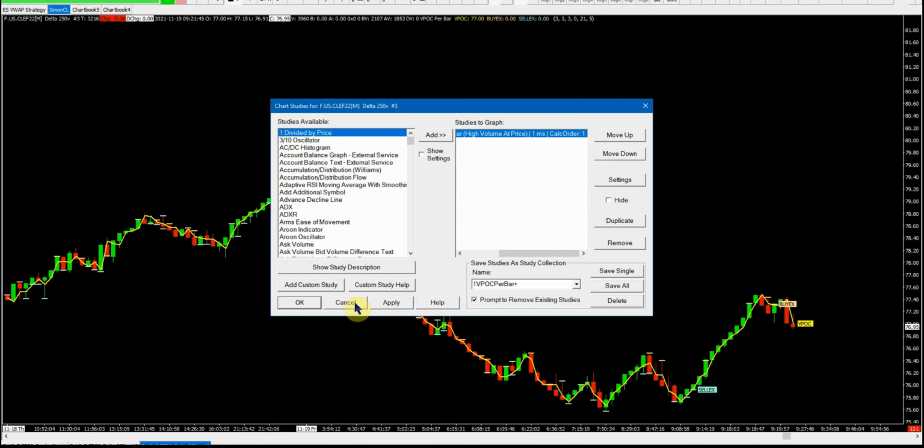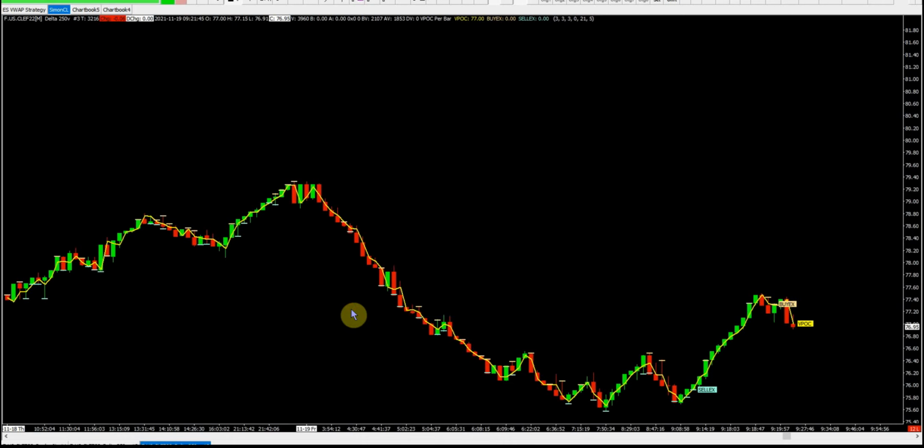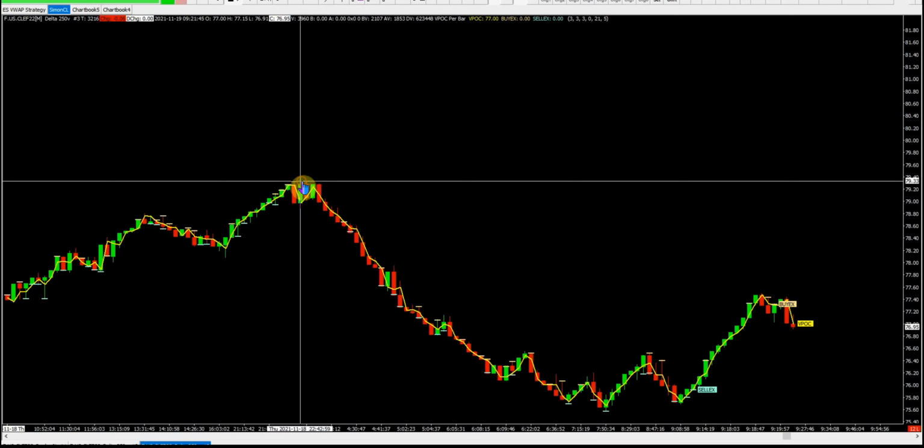The only thing I've got turned on here is buying exhaustion, selling exhaustion, and VPOC. You can see VPOC is a line here, so you can see the trend, and you can see where there's your buying exhaustion. You had buying exhaustion, and then it just topped out right there, right?